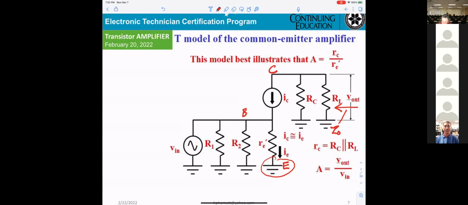In this textbook, they're using lowercase r, which means resistance for the AC, not DC. Equivalent to output impedance.